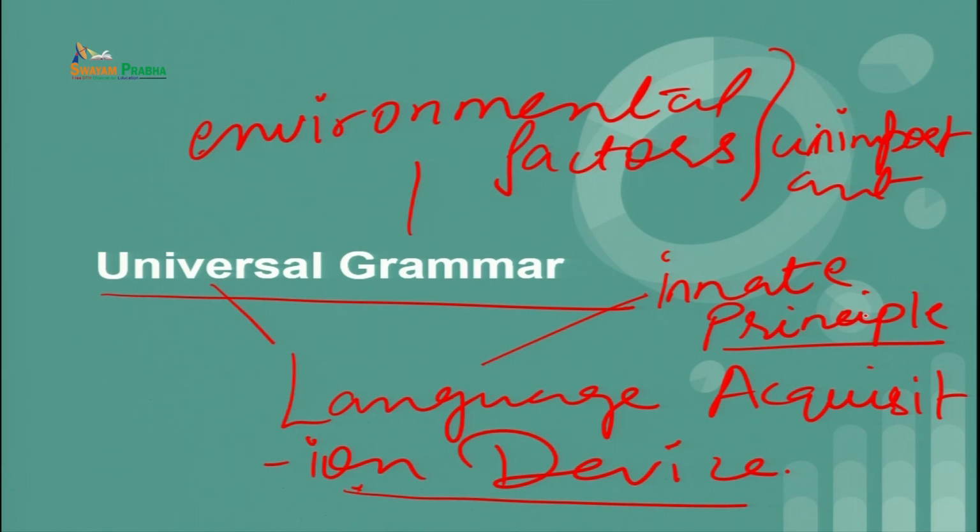So, let me give you an example over here. When a child starts speaking, does he or she follow any grammatical rule, or do you think that this child starts taking note of the word order or tenses or something like this? I am sure your answer would be no. Why? Because a child gets a stimulus, and then after getting the stimulus, he or she tries to formulate his own language.